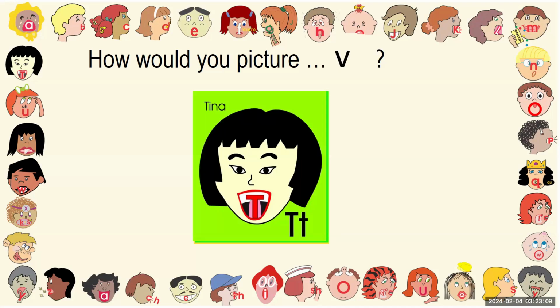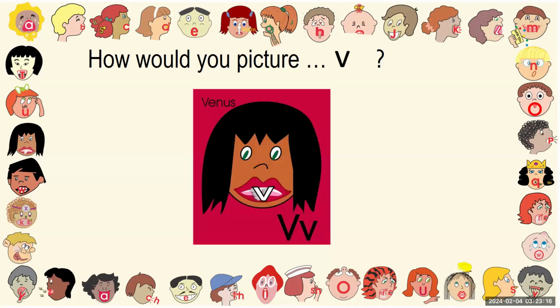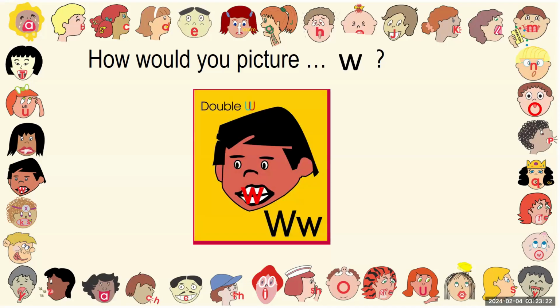V, it's another sound where you bite your lip a little bit, let the air vibrate below the teeth. W is a lip waving sound. Wah, wah, wah. So the up and down motion of the W looks like lips waving. Y. How would you represent a Y?